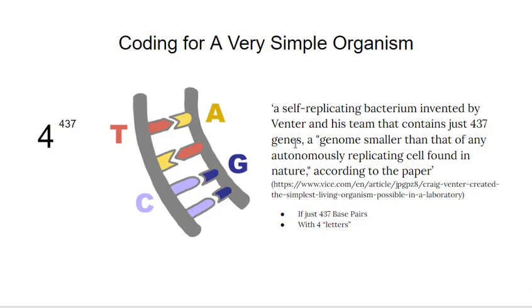So I found this in a recent search. It said, a self-replicating bacterium invented by an inventor and his team contains just 437 genes, which is a genome smaller than that of any autonomously replicating cell found in nature, according to the paper, right? So to get this functioning organism was 437 genes.